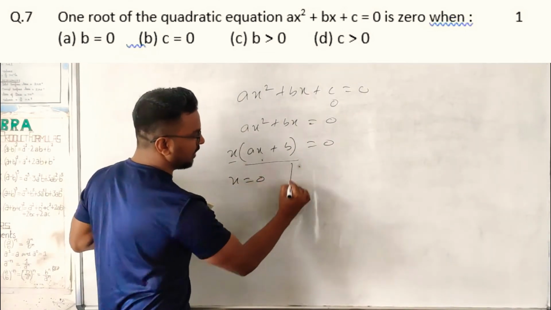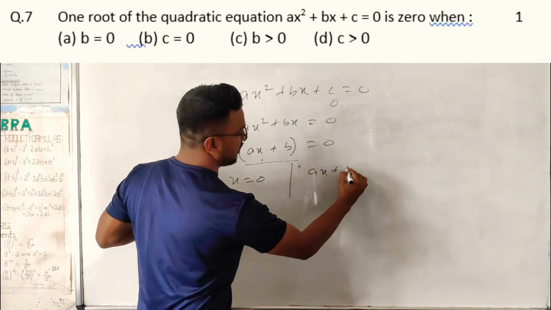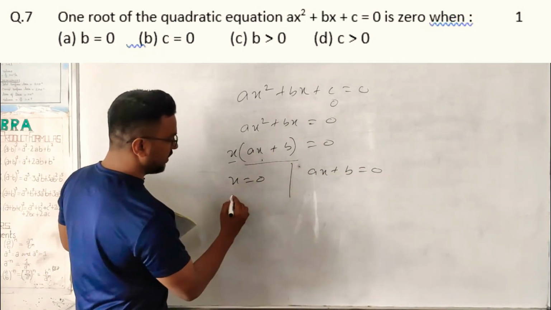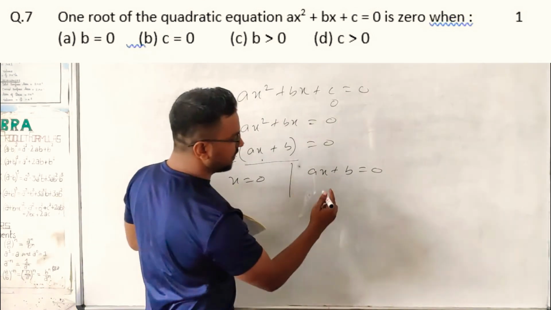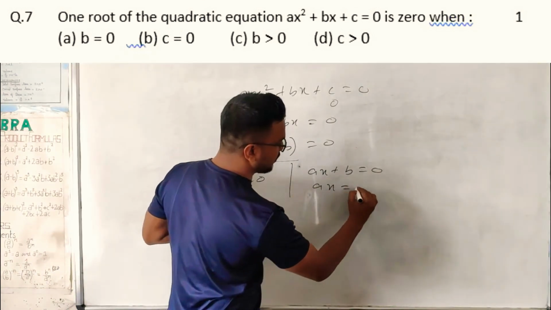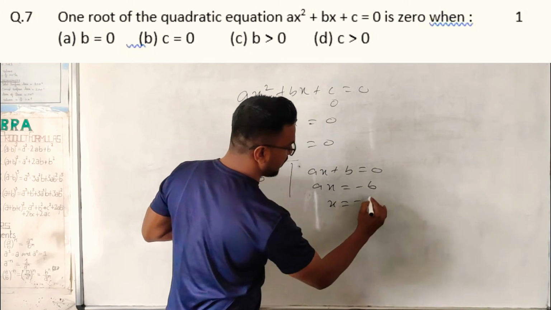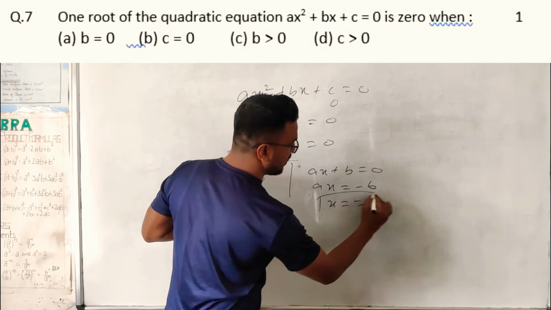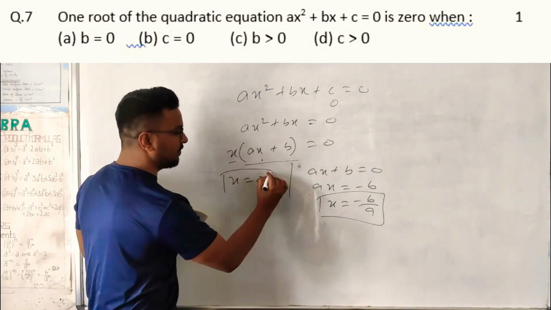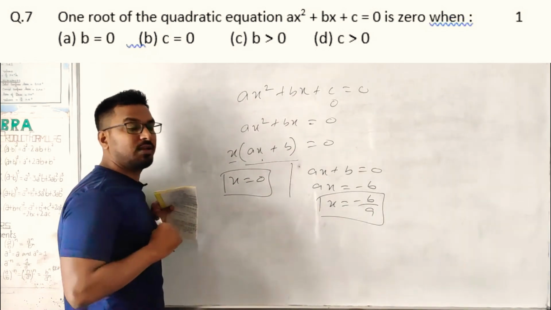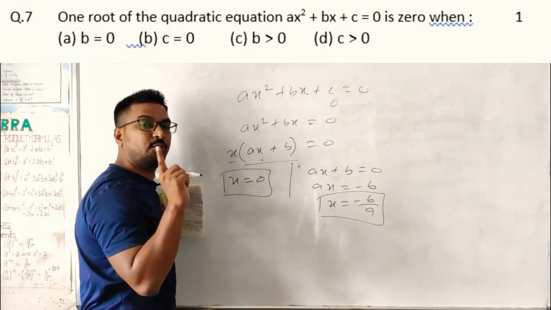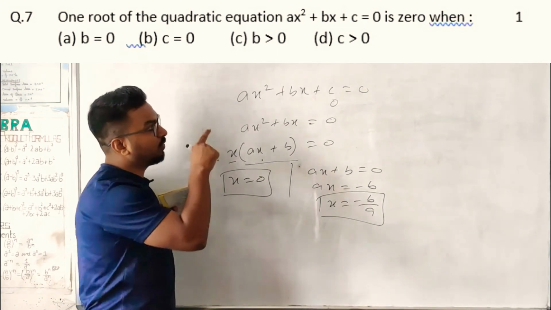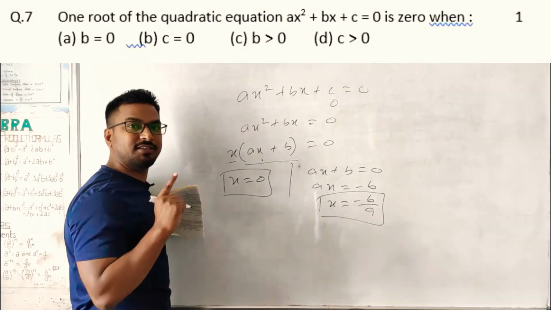X equals to 0 and another one is ax plus b equals to 0. Here the value of x is already 0, one of the roots. The other root will be ax equals to minus b, x will become minus b by a. So this is the second root and this is the first root. So it will be possible when c is 0. Then only one of the zeros of the quadratic equation will be 0.